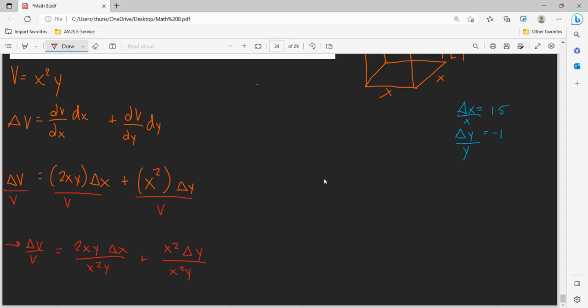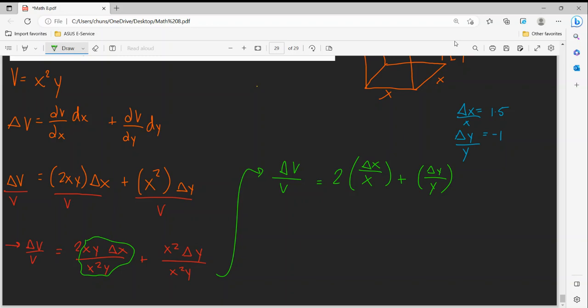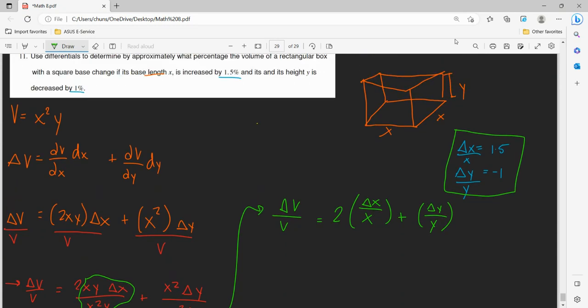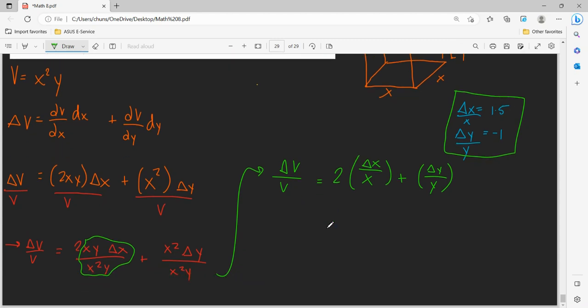We say that this is approximately equal to our delta x over x plus our delta y over y. The reason we divided by this volume is so we could get the same kind of ratio, where we had our change over our original to get that percent value, because we want our final change to be a percentage for our volume.